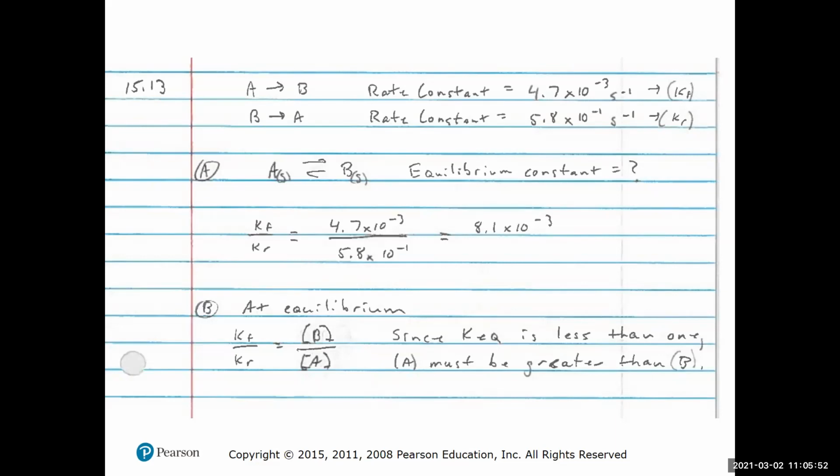Since the equilibrium reaction that we're interested in has the forward as A going to B, the forward reaction is A to B and the reverse reaction is B to A. They told us that's the reaction we wanted to see, so that's how we picked out which one was forward and which one was reverse. If it would have been the other way, it would have been flipped. But this is simply forward over reverse. That's simply the definition of the equilibrium constant.